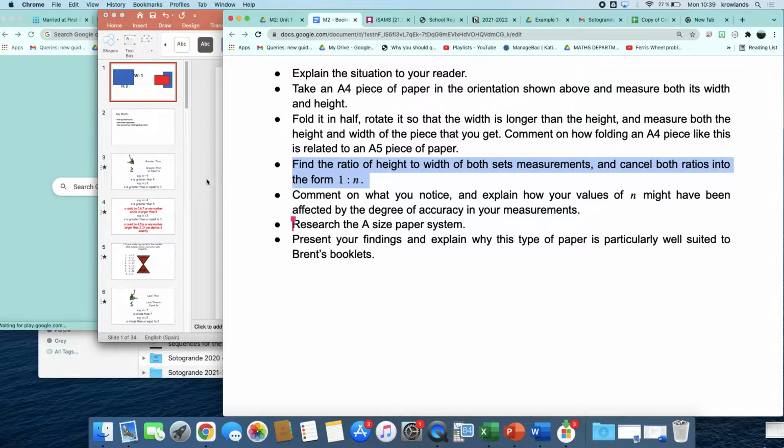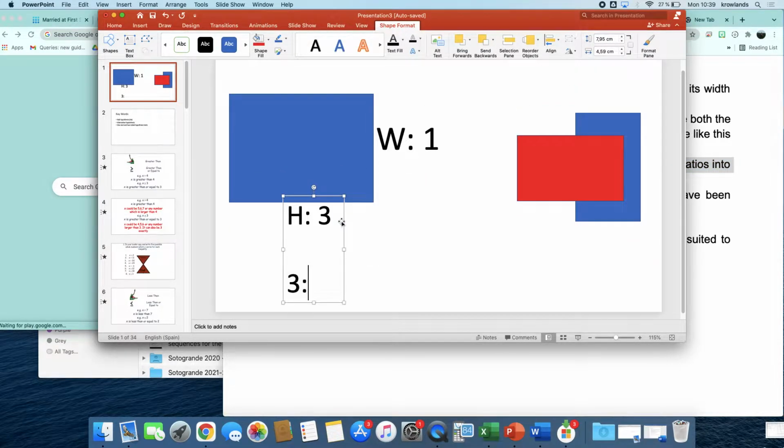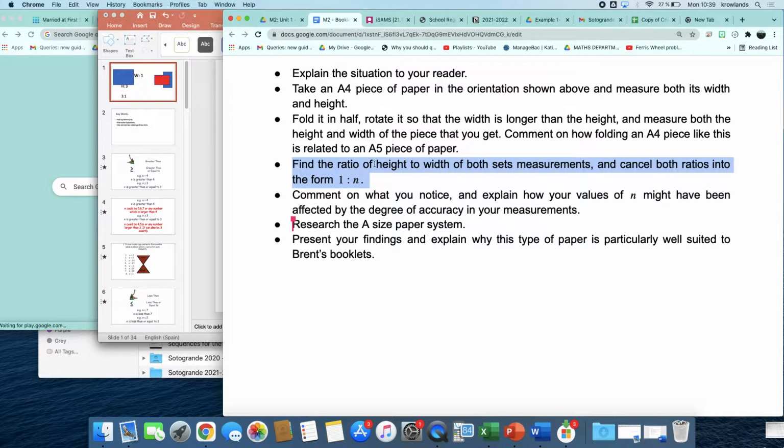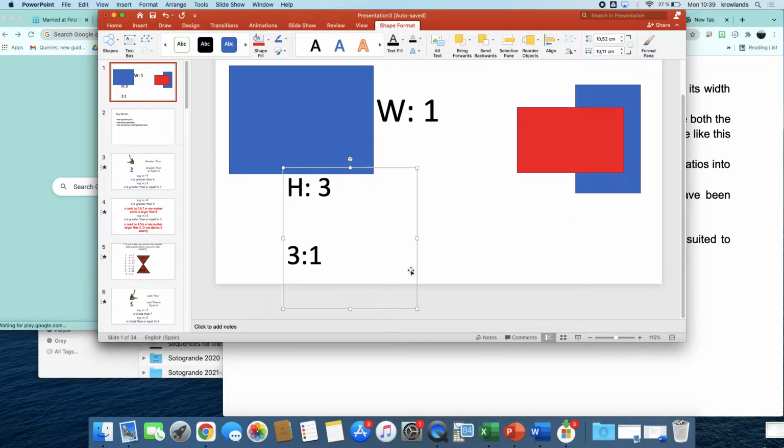So if height is 3, we are going to get the ratio is 3 to 1. But there's a problem with that because it wants us to write it in the ratio of 1 to n. So what you have to do is simplify this ratio so it becomes 1 to 0.3 recurring, and that is a ratio of 1 to n.